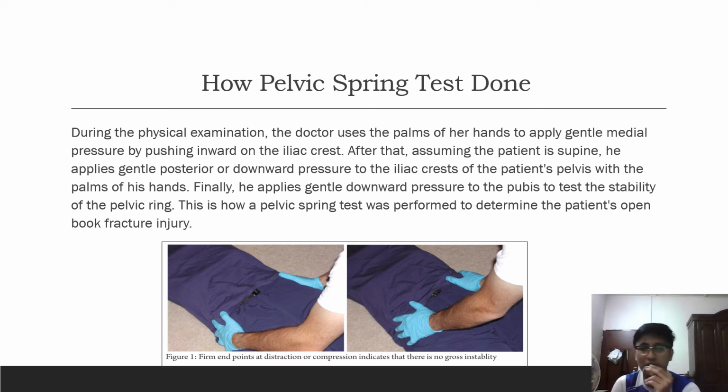After that, assuming the patient is supine, he applies gentle posterior or downward pressure to the iliac crest of the patient's pelvis with the palms of his hands. Finally, he applies gentle downward pressure to the pelvis to test the stability of the pelvic ring. This is how a pelvic spring test was performed to determine the patient's open book fracture injury.